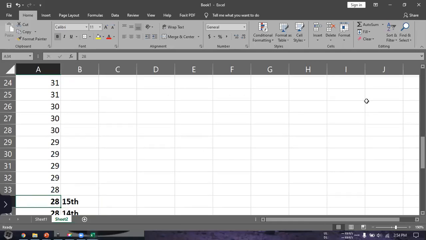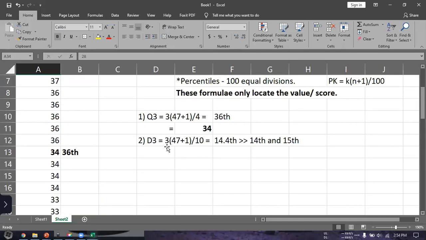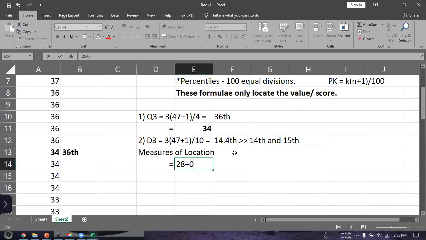But for such an example, if you have a point something here, you need to add to the lower value, which is 28, I'm pertaining to the 14th item, the 0.4.